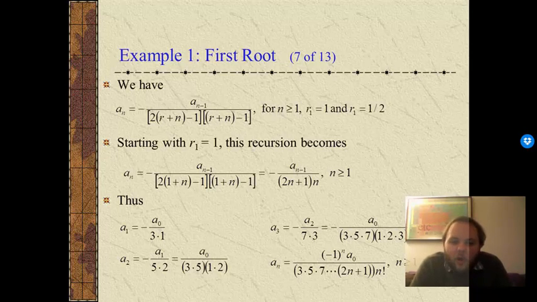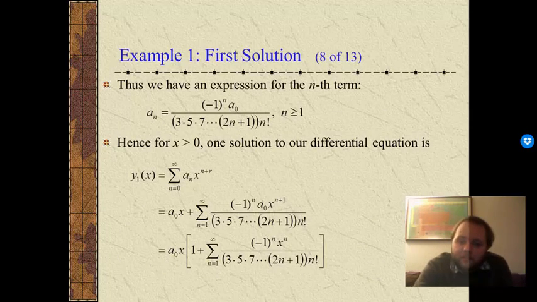So when my r is equal to 1, I have a series solution like so. I plug in my current solution here, because notice this term in the series only works for n greater than or equal to 1.